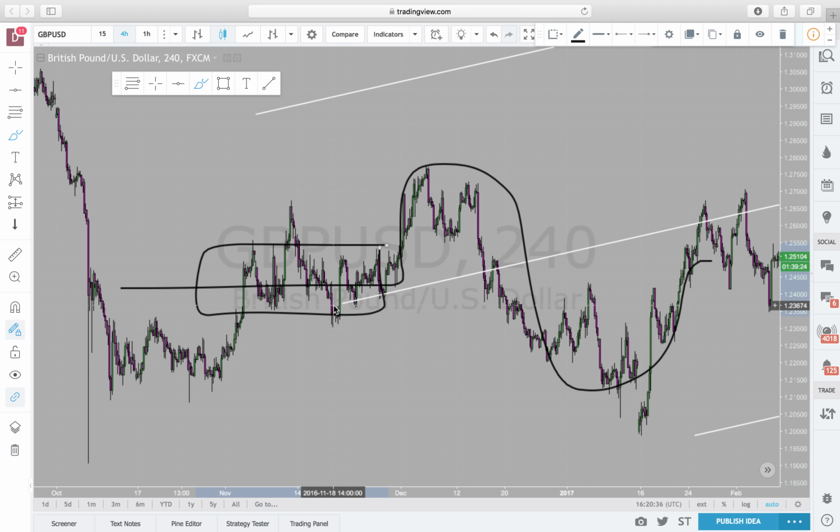Think about this. There are people in here getting trapped. Where are their stop losses going to be? The stop losses of the sellers are going to be above the high, so that's anywhere in this range. And then the stop losses of any buyers are going to be below this low.